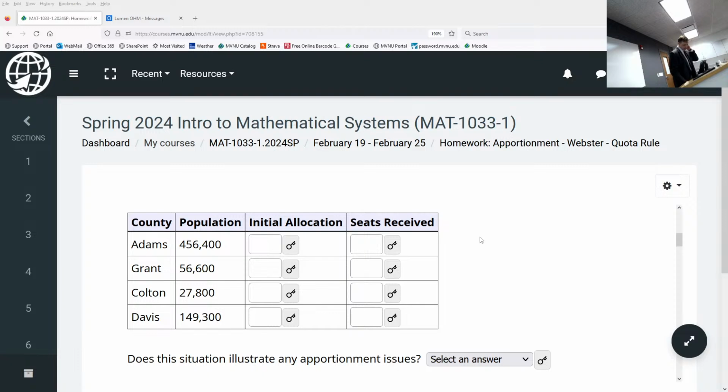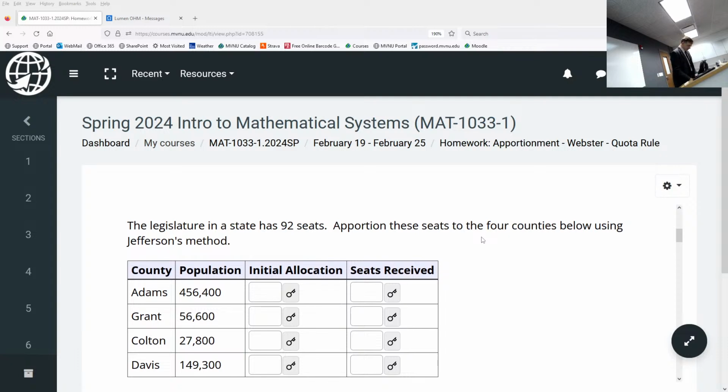Okay, and then what is it that we're doing? We're doing this equals that. How many? It doesn't say how many. Oh, 92. 92. Okay.